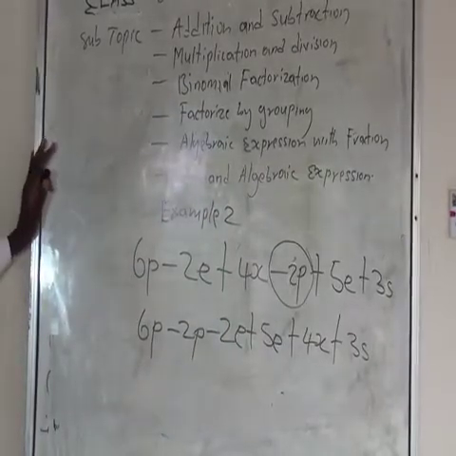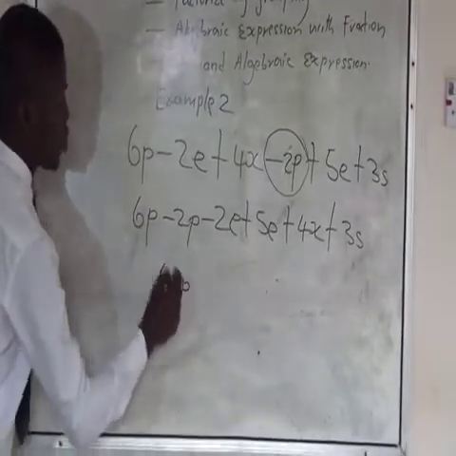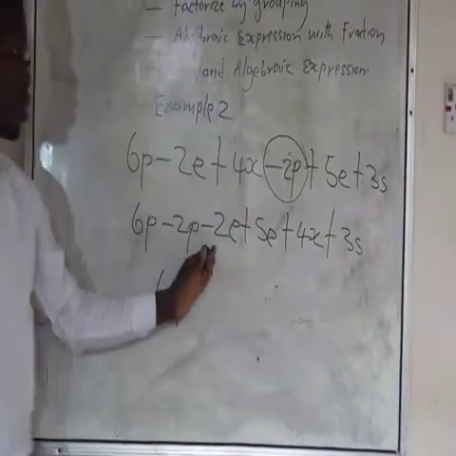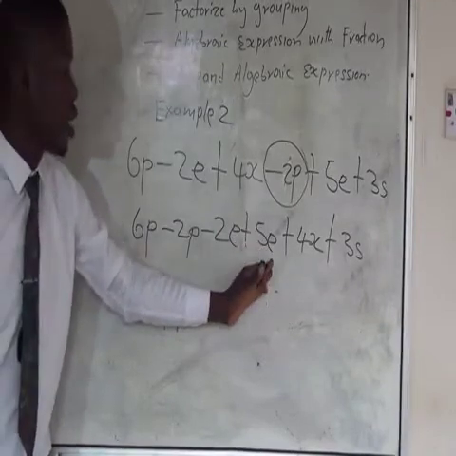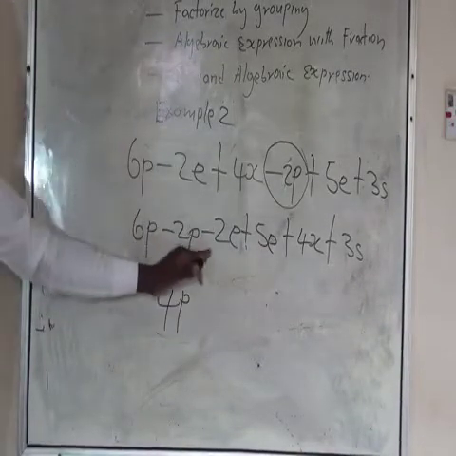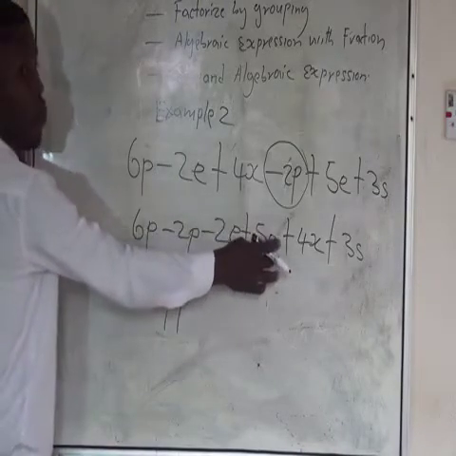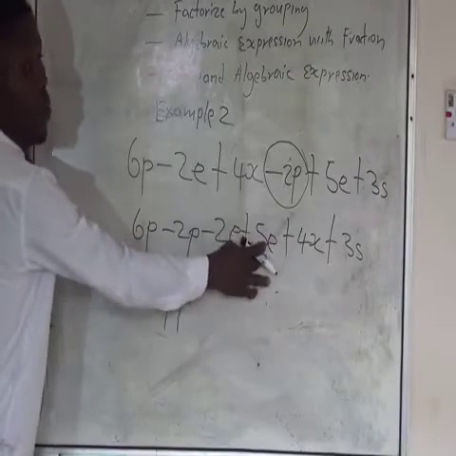Good, let's subtract. 6p minus 2p gives me 4p. Then minus 2e plus 5e. According to what I have explained before, minus plus is always minus. But because this one has the biggest number, the answer will be plus.